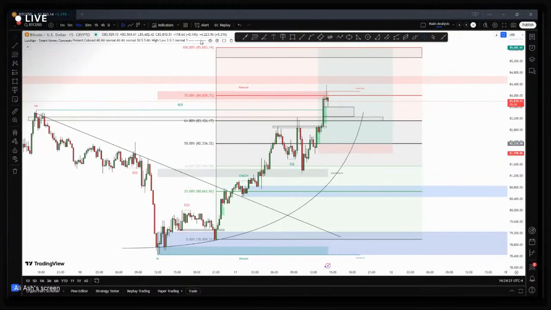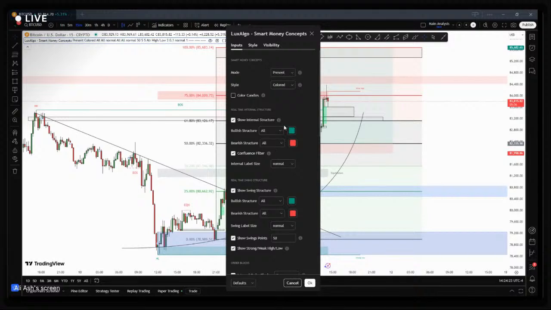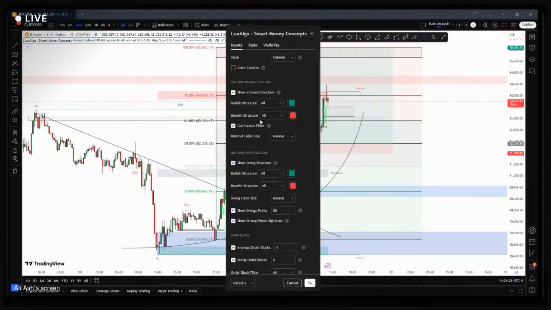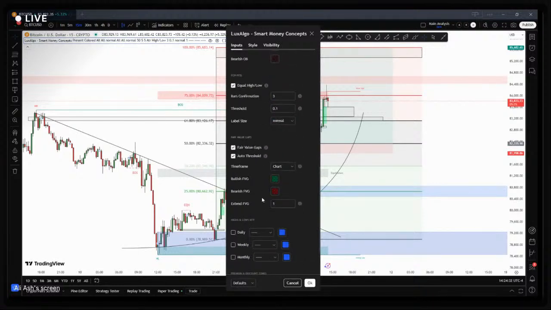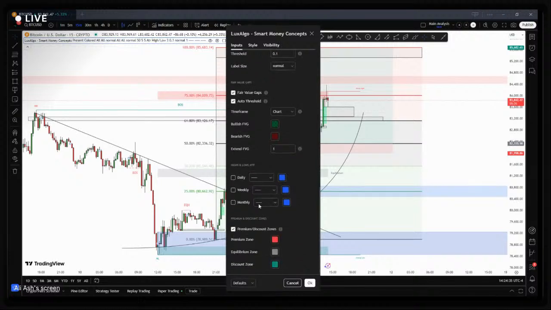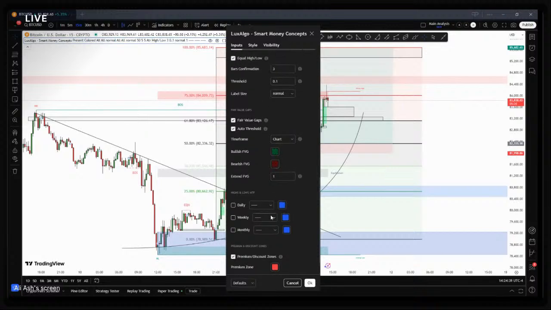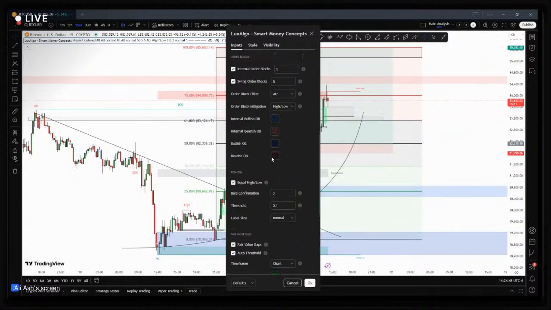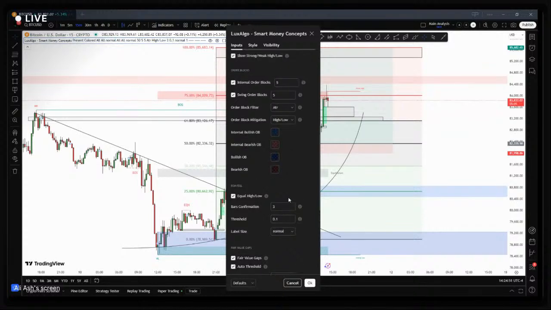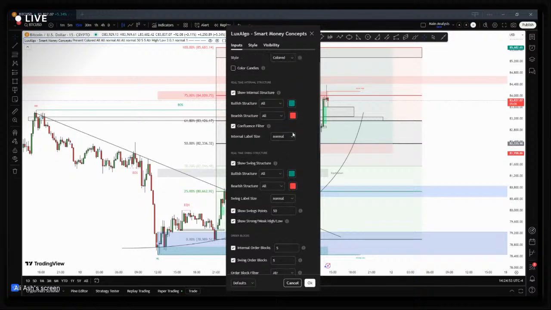So it's a good indicator. Here are my settings if you want to use them. It's the basic one, but I've used a few more features like equal highs and lows and fair value gaps, which aren't enabled by default, so you can just enable them. You don't need highs and lows on multiple time frames, but premium and discount zones, fair value gaps, and equal highs and lows are quite good to use.